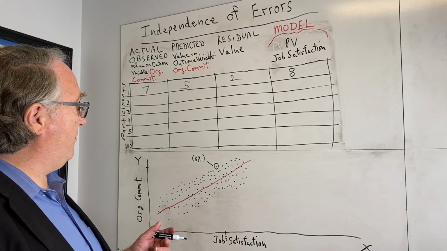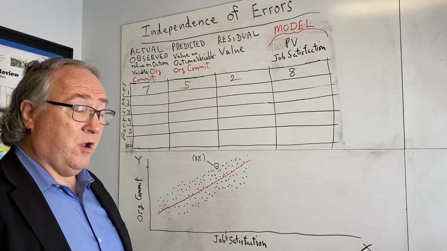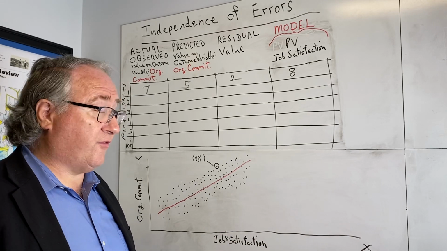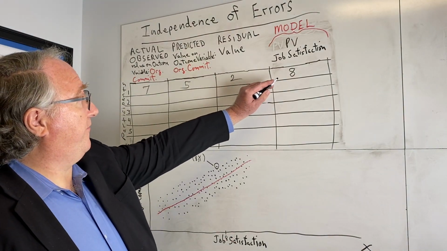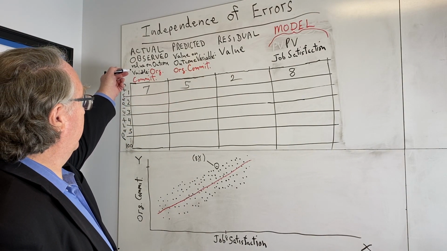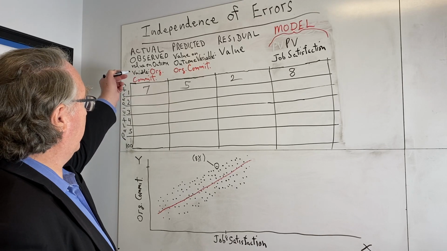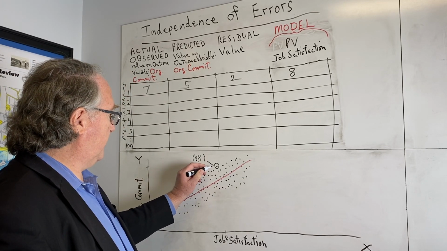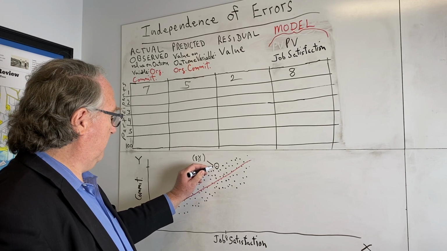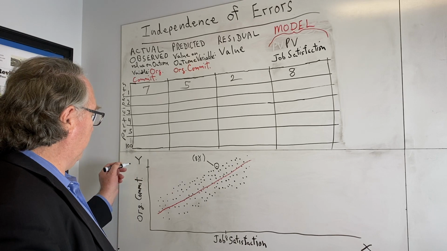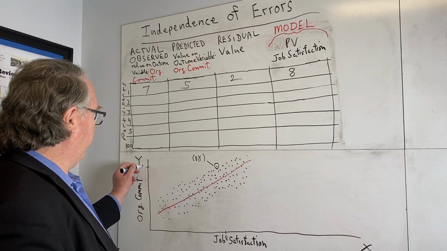Okay, and then let's see, what was their y value or their actual observed score on the outcome variable measure? Well, for our first participant, their actual observed score or value on the outcome variable organizational commitment was 7. And so we take that over here to the y-axis. This is the score for organizational commitment, and we have a 7.